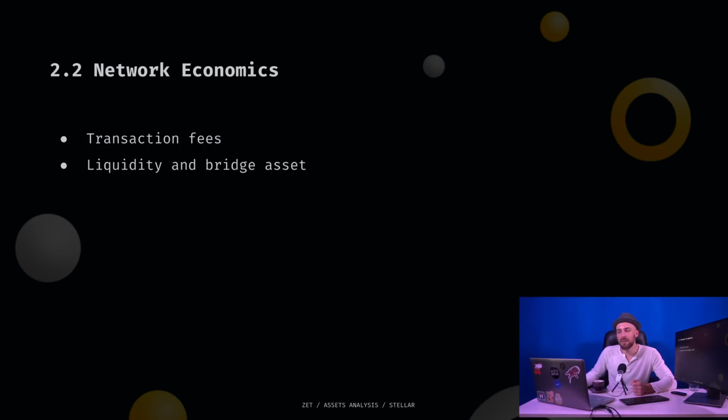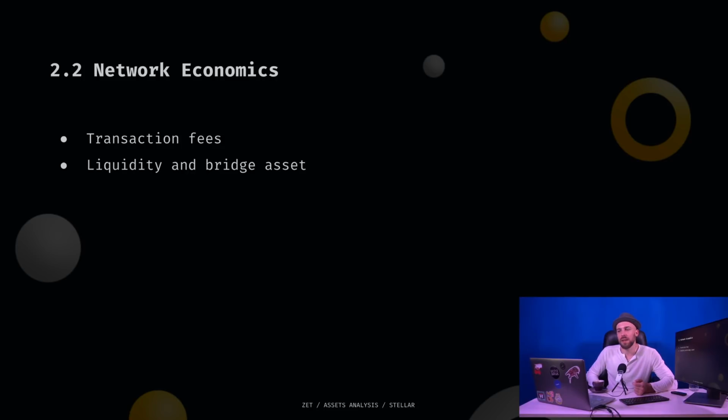The next stream is liquidity and bridge assets. As I said, as Stellar provides remittance functionality for money transfer in banks, they can use Stellar as a liquidity currency to exchange not only fiat currencies like euros, yens and dollars, but also to trade stocks and shares, as I just discussed a few minutes ago.